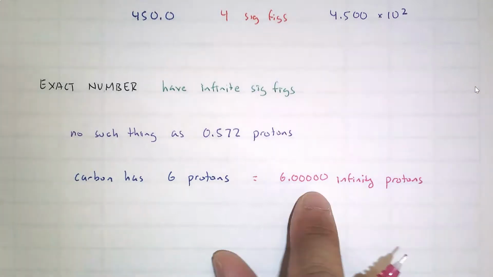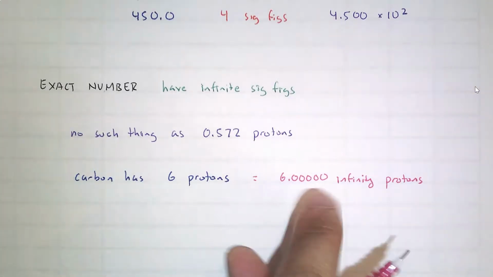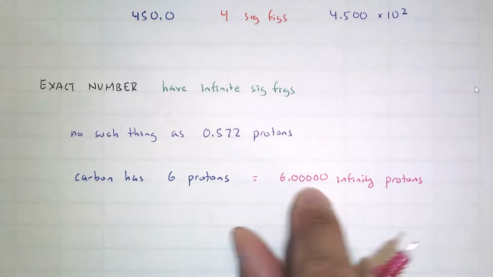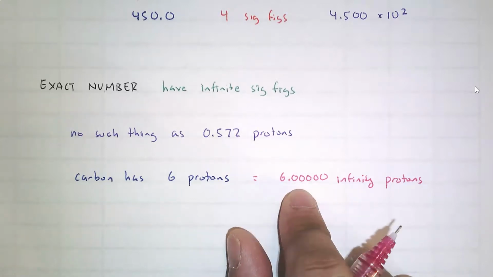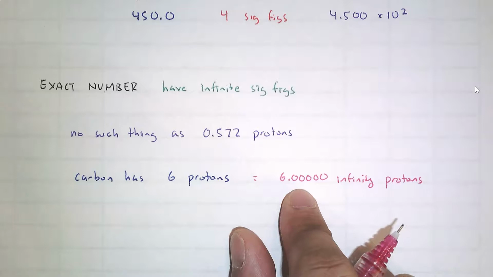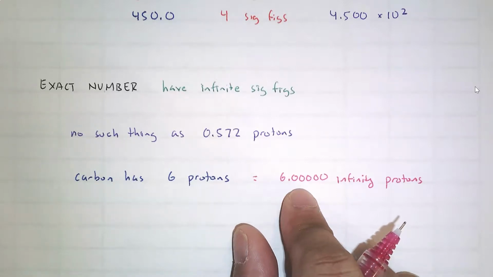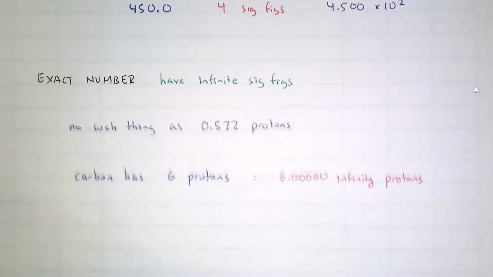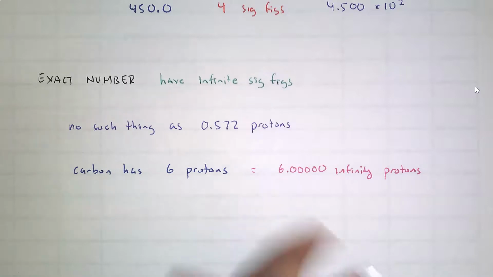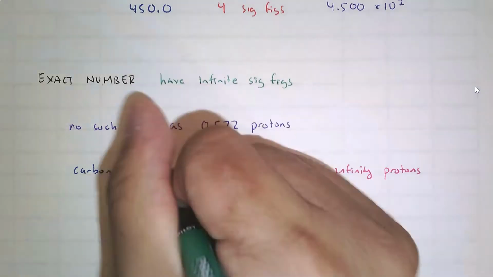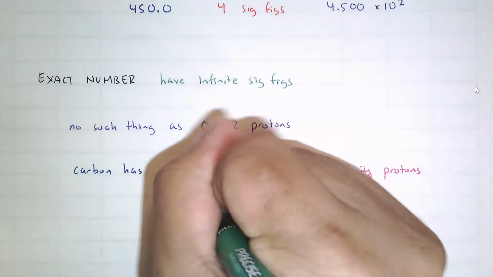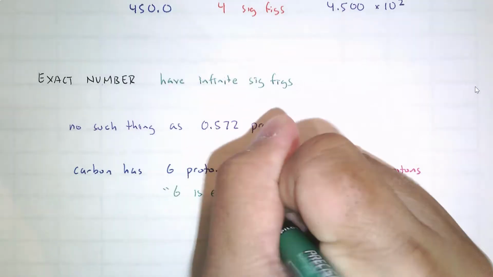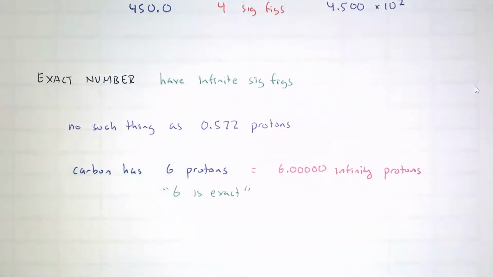And if we have 6 protons and there's an infinite number of significant figures, that number has no bearing on limiting the number of sig figs that your final answer should have. The final answer's sig figs will be based on some other number. Okay? So that's called an exact number. And we should say here 6 is exact. We could assume that it's 6.00000.